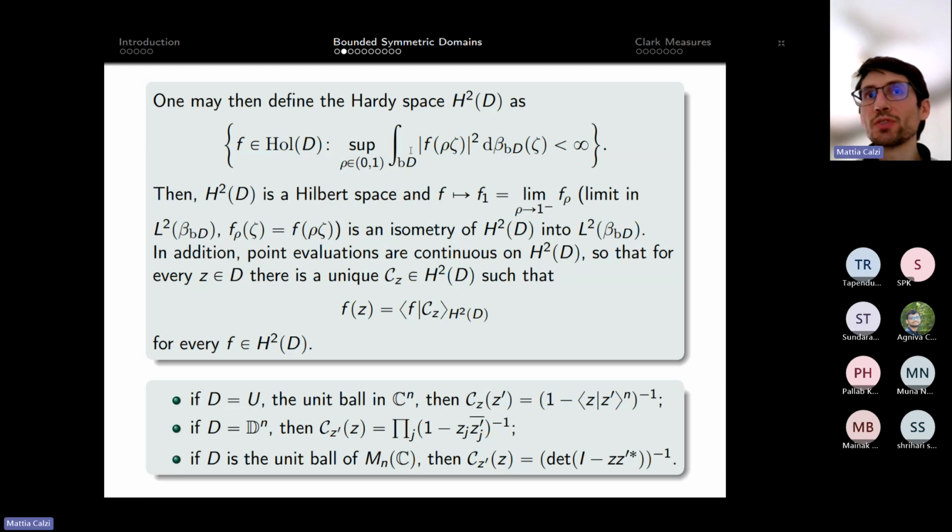This is a possible analog of the Hardy space on the unit disk. In the case of the unit ball, this is quite familiar. And this is a Hilbert space.